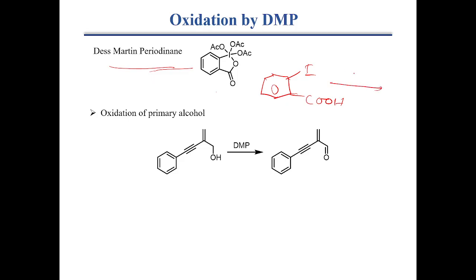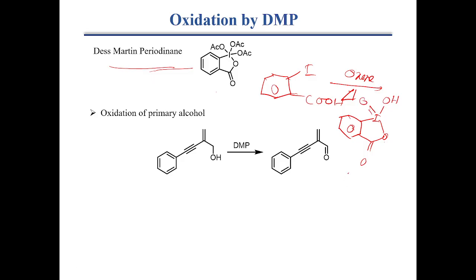In the presence of oxone under heating conditions, 2-iodobenzoic acid first forms IBX, iodoxybenzoic acid.